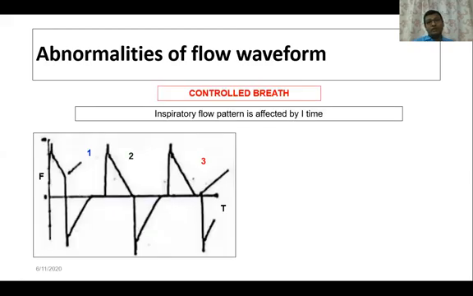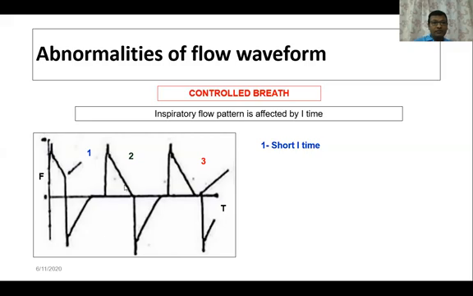Now, let us look briefly at the abnormalities of a flow waveform. In a controlled breath, the inspiratory flow pattern is affected by I time. What do I mean by this? If you look at this flow waveform, what is happening here? Flow is not reaching the baseline before expiration starts. So in a controlled breath, this flow waveform indicates short I time. Now look at the second waveform.